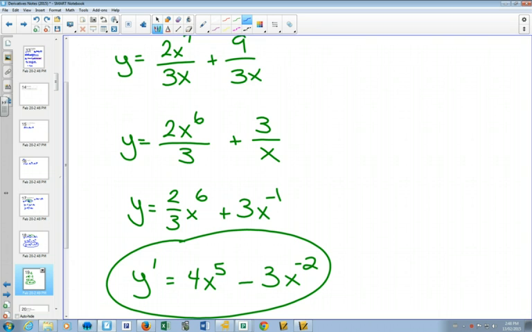a number of you using factoring, right? The bottom was a problem for you, so you factored it out. And then you distributed that 1 over 3x to each one separately, which is basically the same idea.